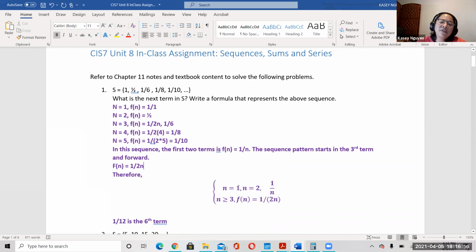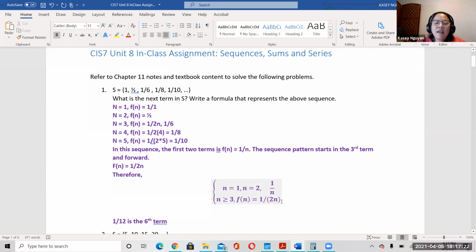When n is 1 and n is 2, your f of n is 1 over n. But when you go to the third term and the rest of the sequence, when n is greater than or equal to 3, your f of n is equal to 1 divided by 2 times n.